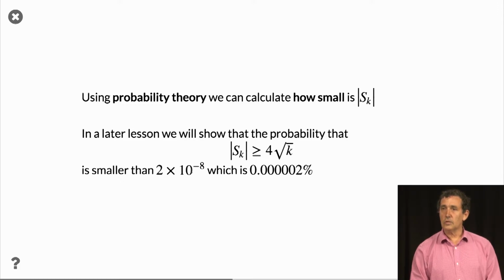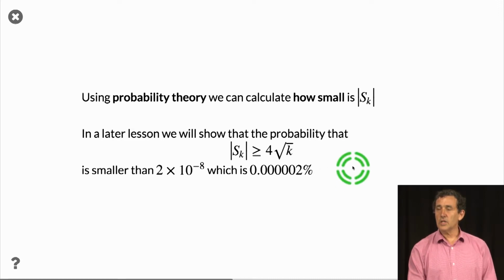It is 2 times 10 to the minus 8, or 0.000002%. So we'll have to flip the sequence of 1,000 coins many, many, many times before we can see that it will be bigger than 4 square root of k. So let's actually do the simulation and see if that is the case.